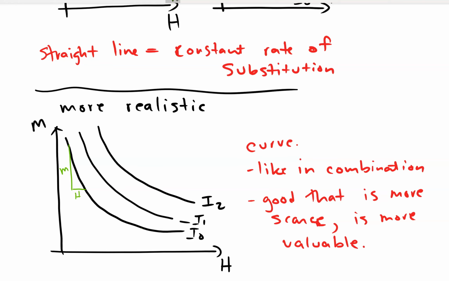But when you get down to the other end, you have lots of home and very little market. Now you're no longer willing to do this trade. Now to give up even a tiny bit more market, you would require a huge amount of home to compensate you. Okay, so this ratio changes depending on which one is more scarce.